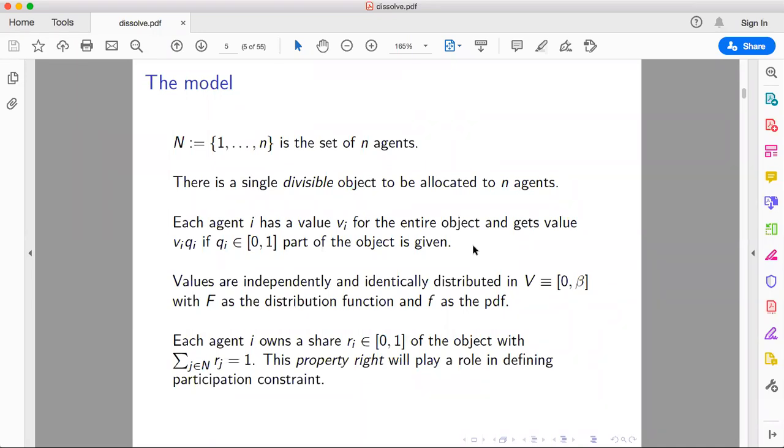And this is what I will call the share vector or the property right structure. I'll call it by different names, but it will become critical for defining the participation constraint.